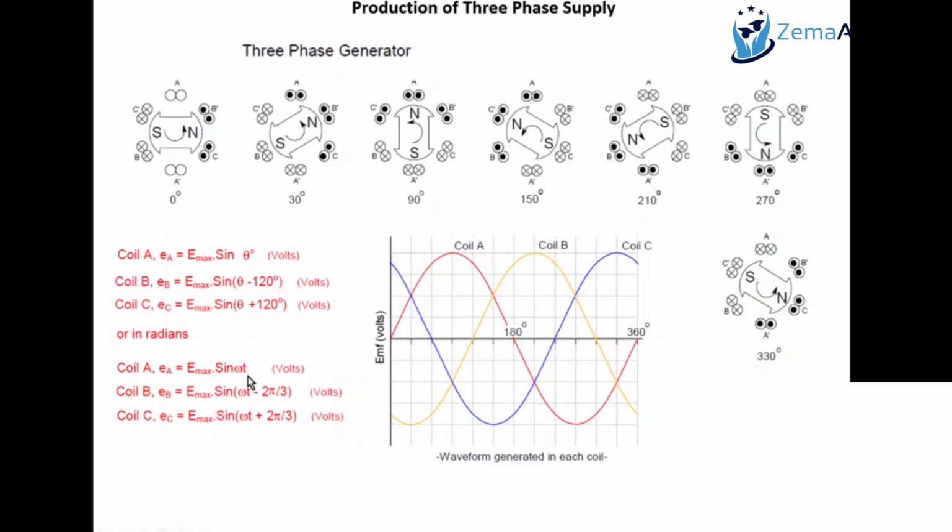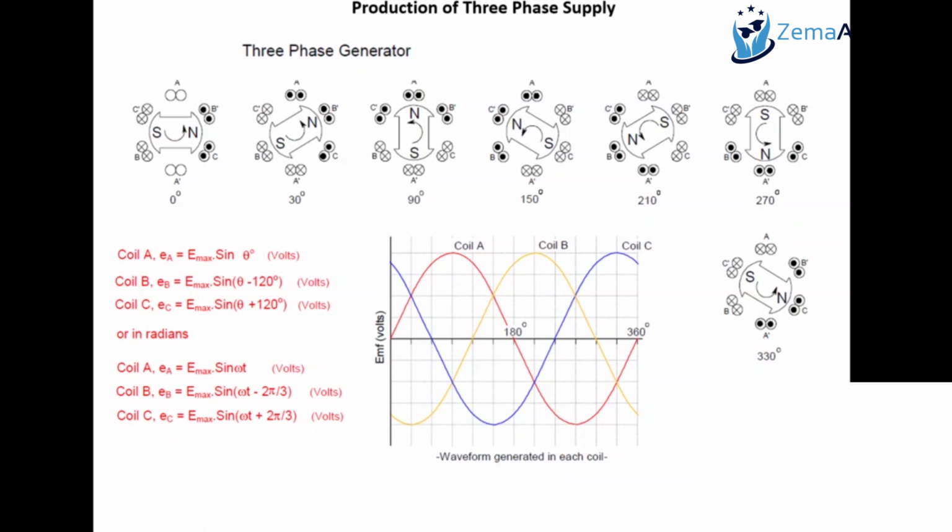So t is a small t, it's not a time period. And again, omega t minus 2 pi by 3 and plus 2 pi by 3, which is the same in degrees, that would be minus 120 degree and plus 120 degree respectively.